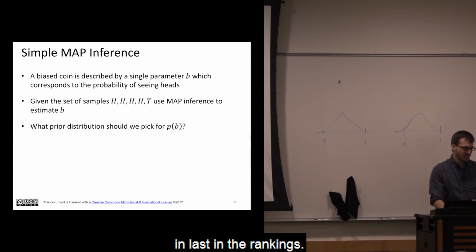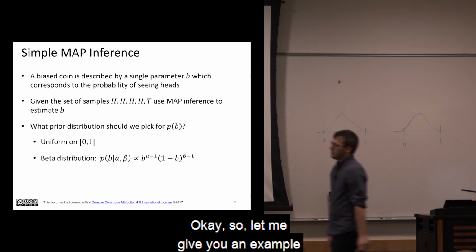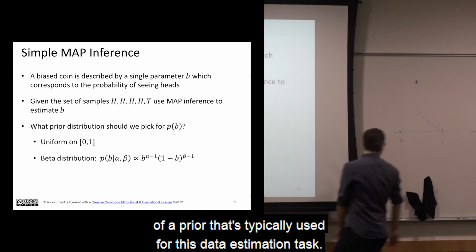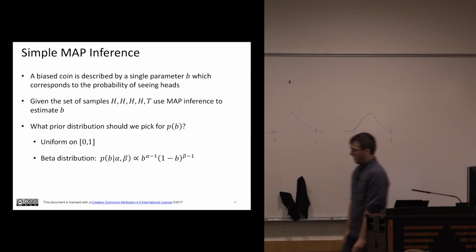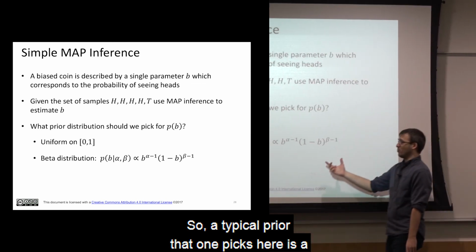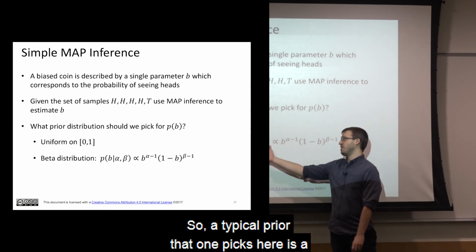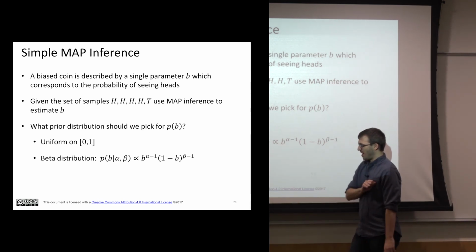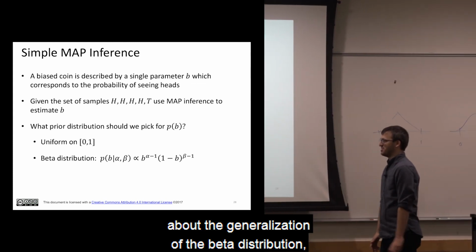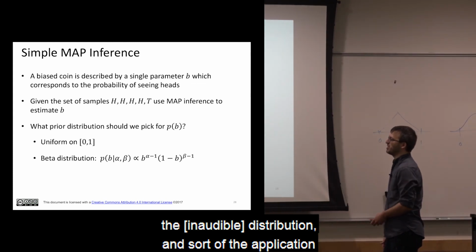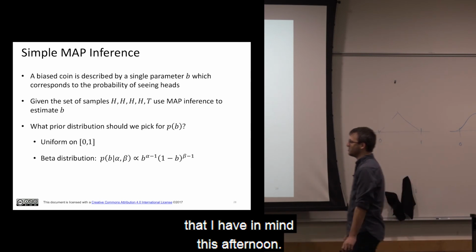Okay. So let me give you an example of a prior that's typically used for this data estimation task. The typical prior that one picks here is a beta distribution. I'm bringing this up because we're going to talk about the generalization of the beta distribution, the Dirichlet distribution, in the application that I have in mind this afternoon.